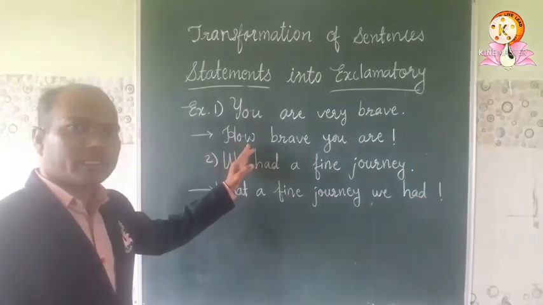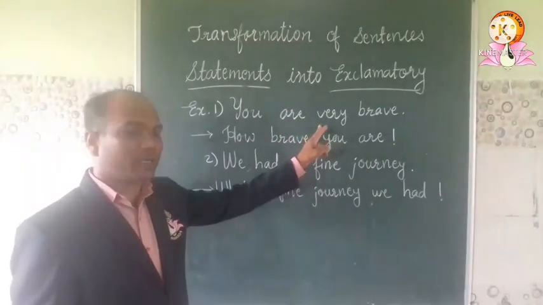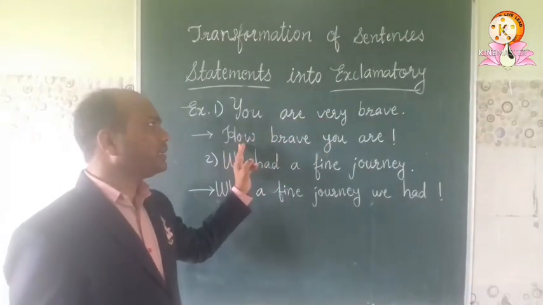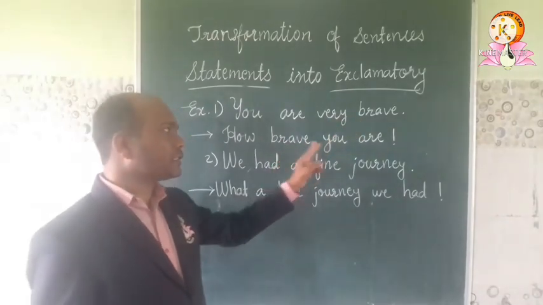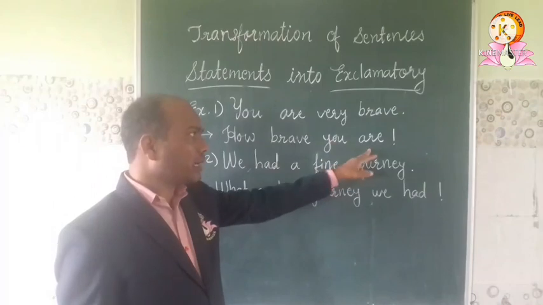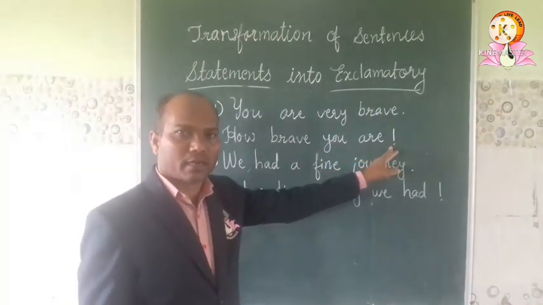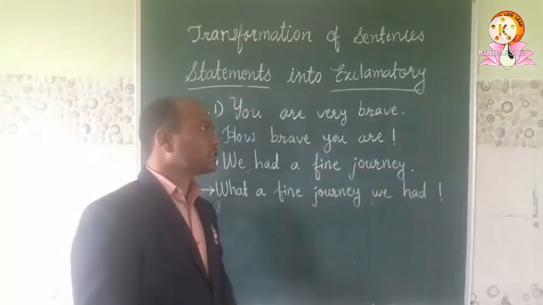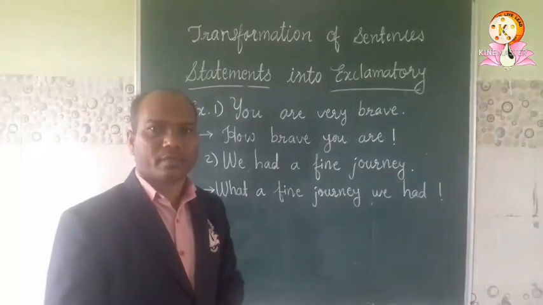Answer, first "how," because there is no "a" or "an" in the given statement. Then the adjective "brave," after the adjective the subject and verb, and it ends with an exclamation mark. So in this way we can write the answer: how brave you are!